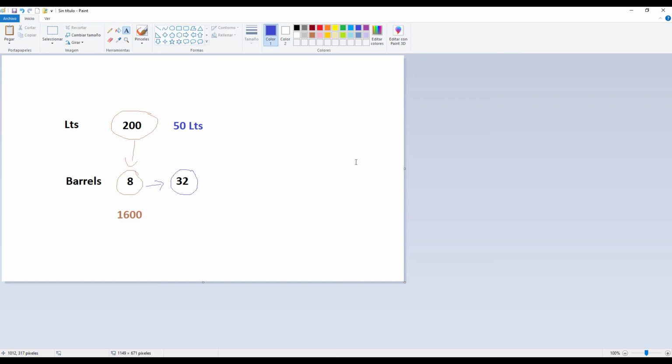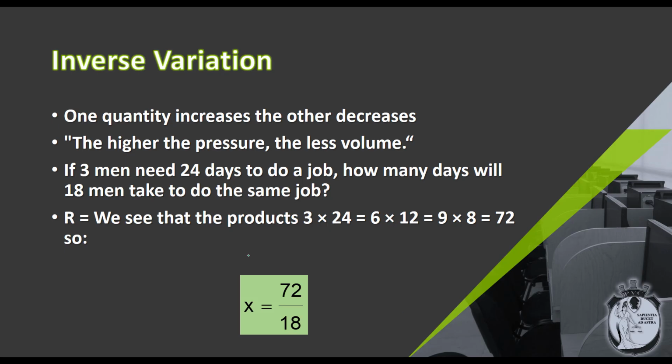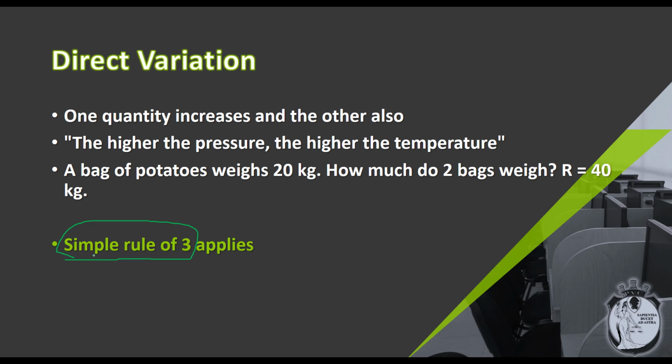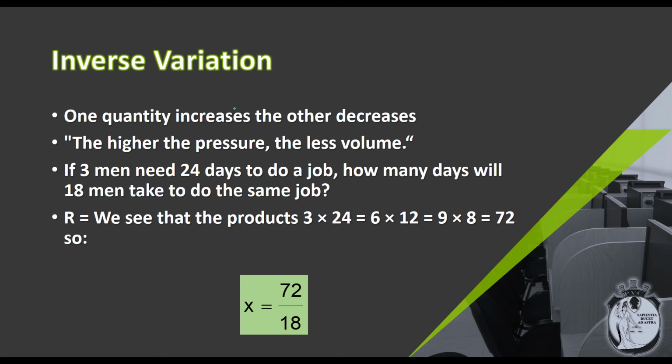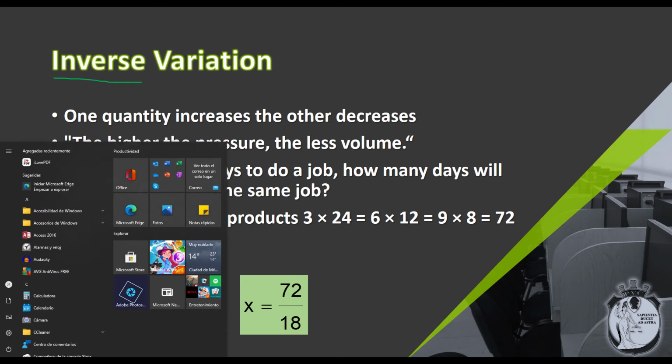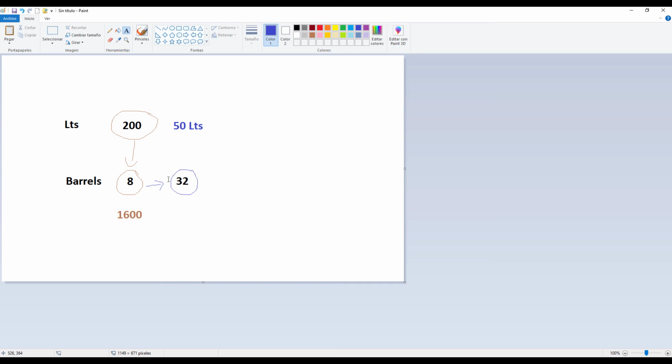So you need to use the inverse rule of 3 for the inverse variation. How does it work?